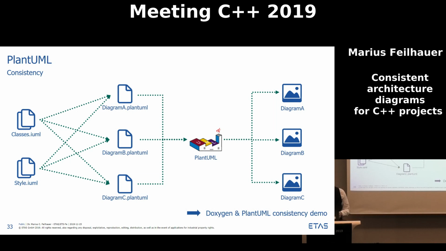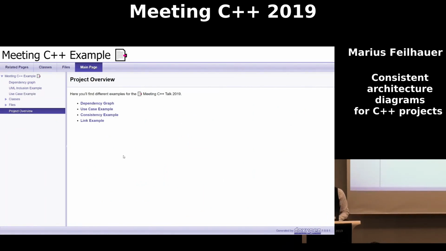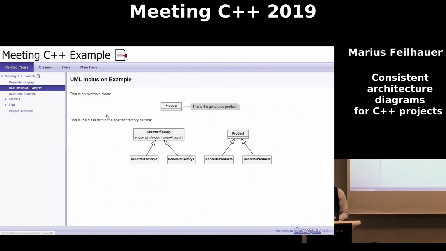And I would like to show this approach also. So back to our overview page. Here we have the consistency example. Now you're quite into that already. We have a Markdown file which has some text, then includes one PlantUML file, another text including a different PlantUML file.